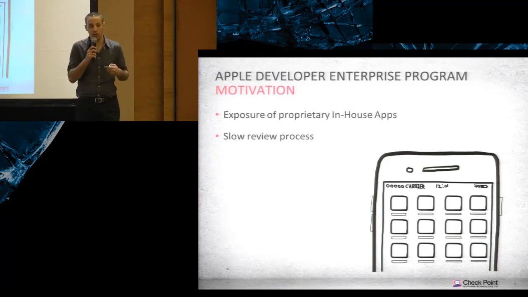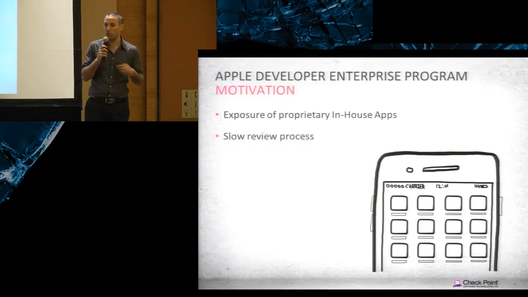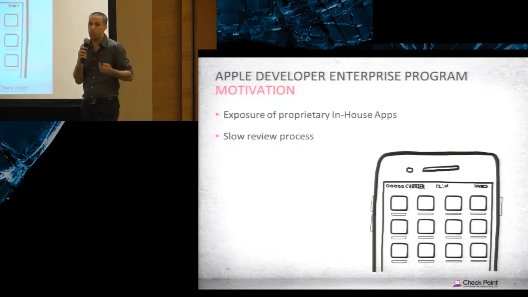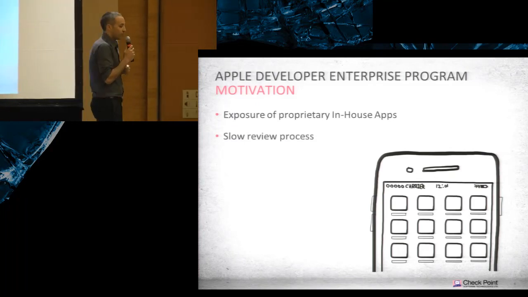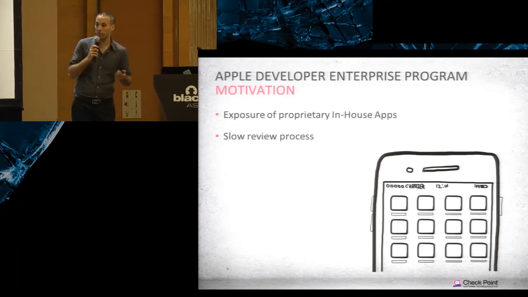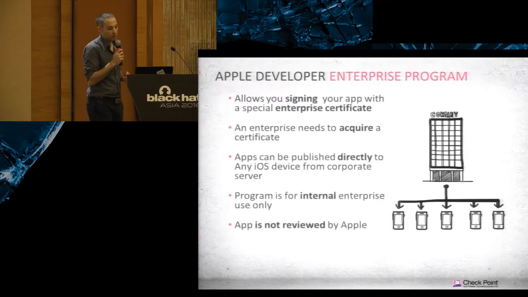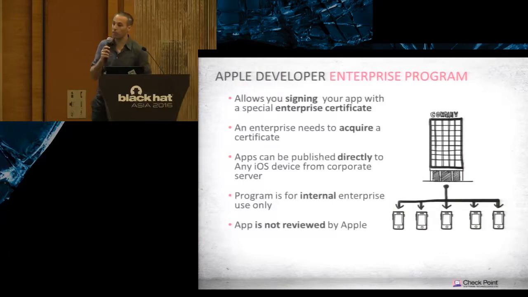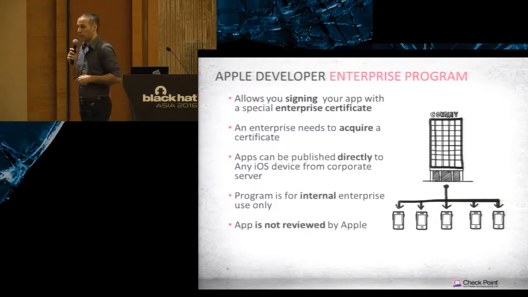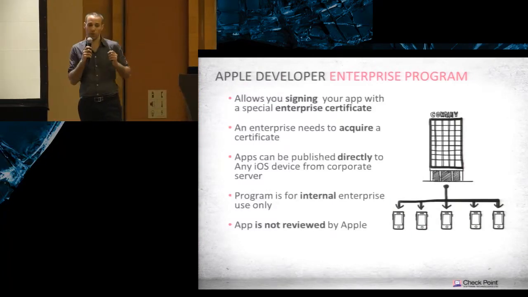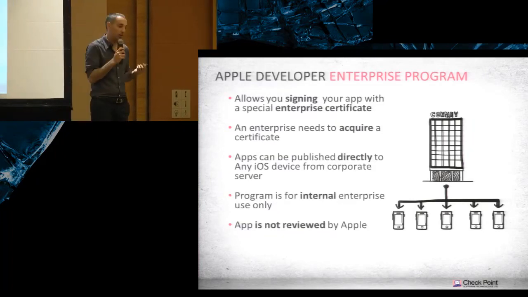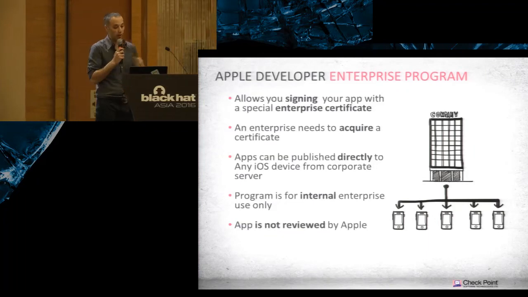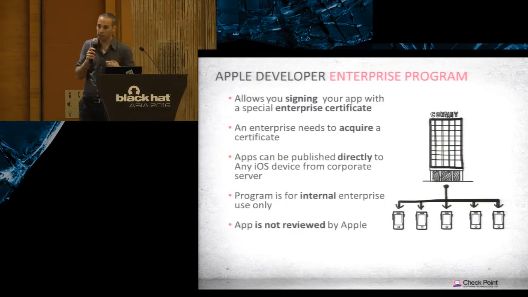The problem is that sometimes this is a little bit too long, and I want to be able to push changes to my employees really rapidly. In order to solve both of these problems, Apple created what is called the Apple Developer Enterprise Certificate, a program that specifically aims to solve enterprise needs and make Apple more friendly for enterprises.